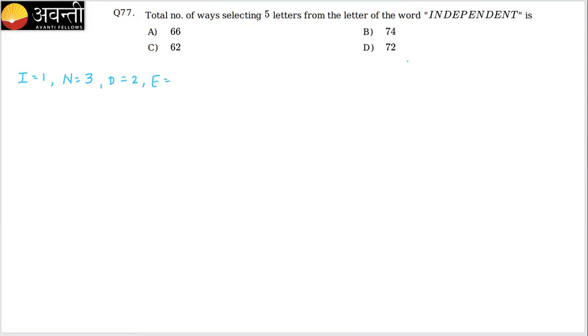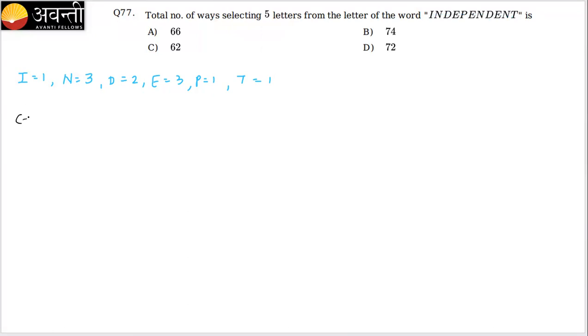E is repeated 1, 2, 3 times. P is once only. T is once. So total letters are 1, 2, 3, 4, 5, 6, 7, 8, 9, 10, 11. So we got 11 here.